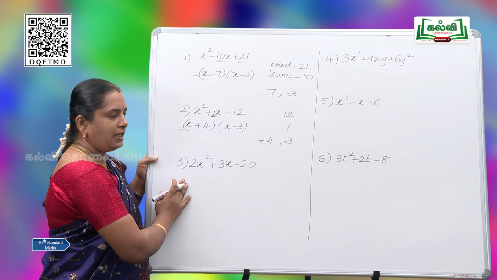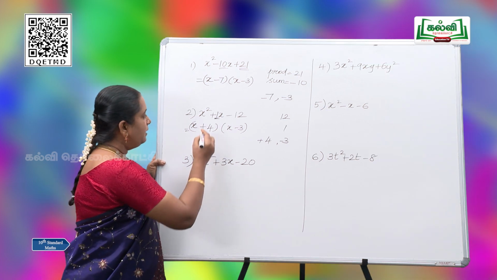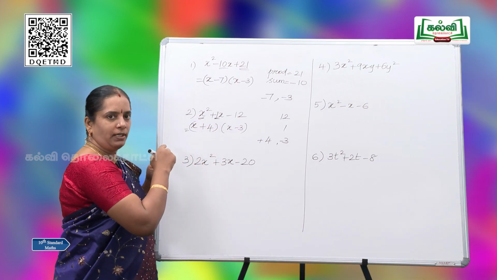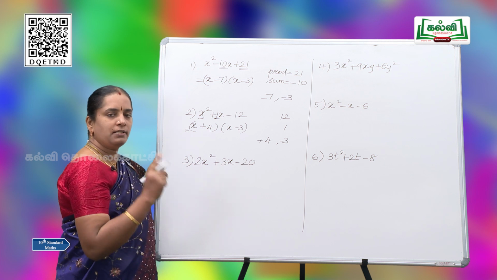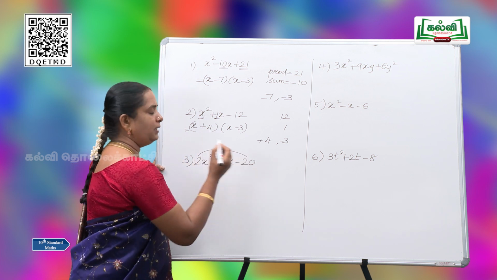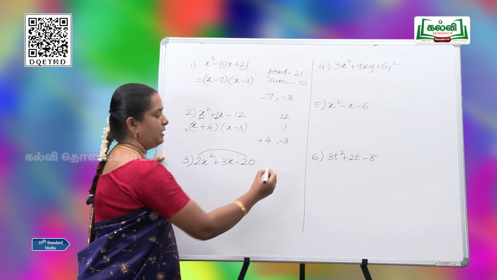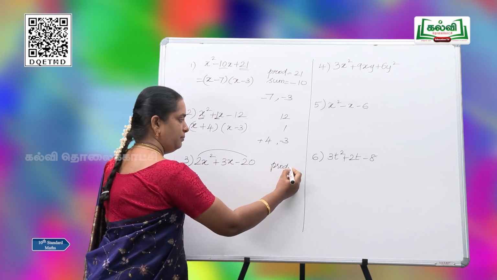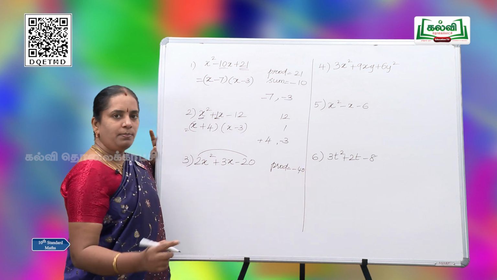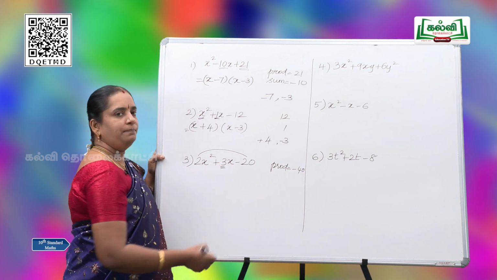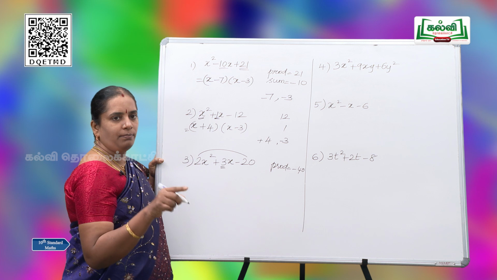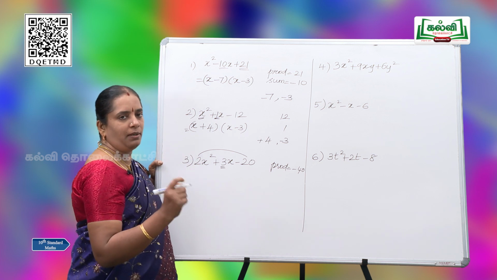See this trinomial, and here the coefficient of x square is 1, but here the coefficient of x square is 2. So, the product of the numbers is the product of 2 and minus 20, that is, the product is minus 40. Since the product is negative, we have to think that this sum is the difference between the numbers.